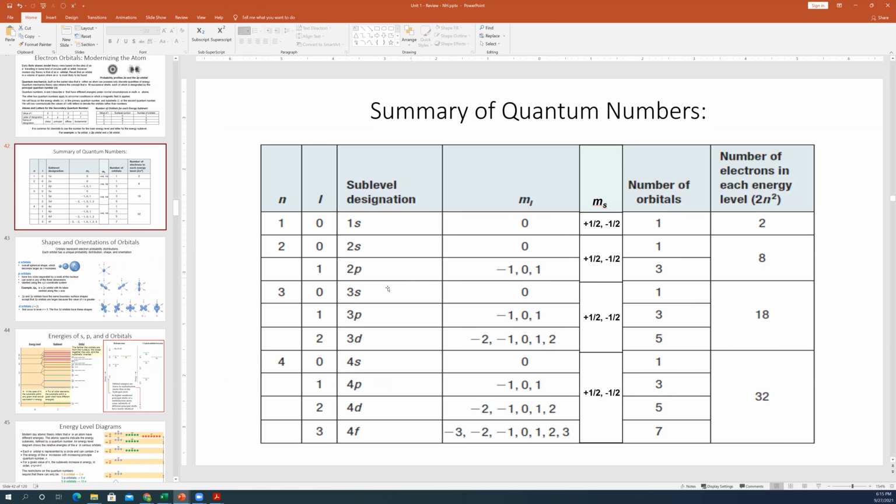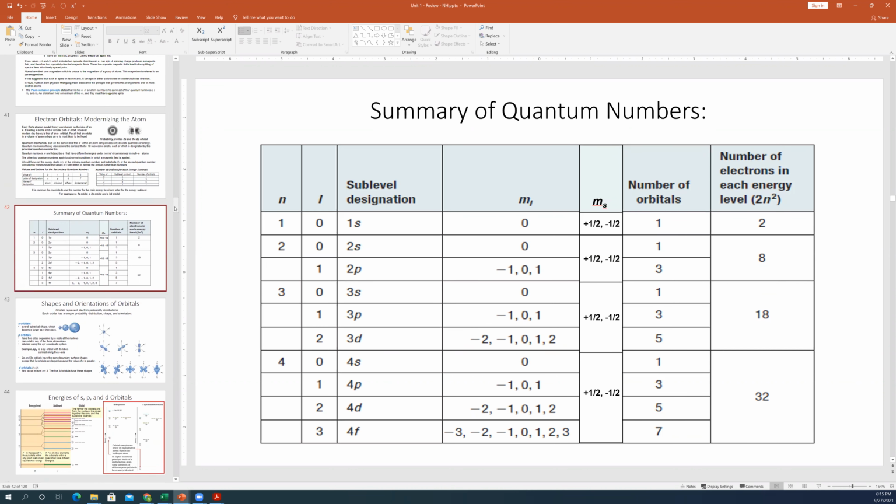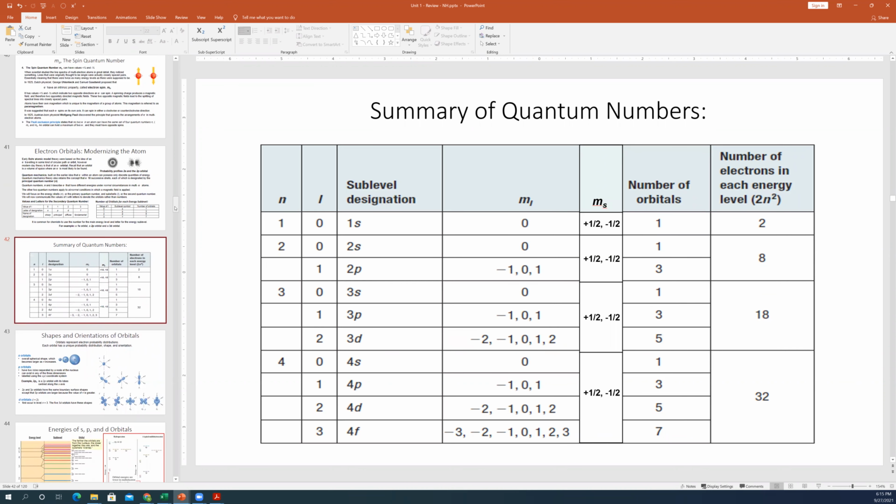If you recall, we talked about the 4 quantum numbers that were important in describing the electrons and the state of these electrons in each atom. The 4 quantum numbers were N, the principal quantum number, L, the secondary quantum number, and then ML and MS, the 3rd and the 4th quantum number.